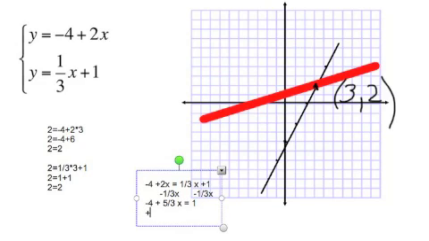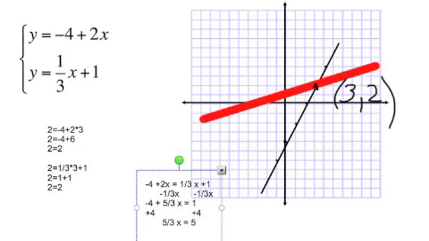I'm going to add 4 to both sides. Then on the left hand side of the equal sign, I have 5/3 x equals 5. To undo that 5/3 times x, I could divide by 5/3 or multiply by the reciprocal.